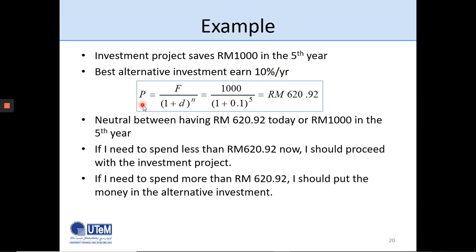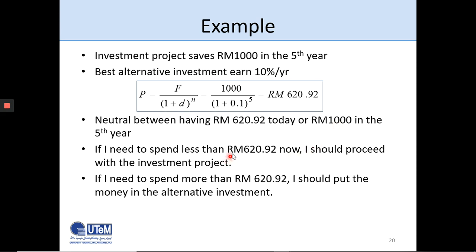So we put in the equation the present value: if the future value is a saving of 1,000, and the next best alternative investment is at 10%, you get, in this case, 620 ringgit 92 cents. This is the present value. So this basically means it's neutral between having 620 ringgit 92 cents today or 1,000 ringgit in the 5th year. This is the balance between having it now or in 5 years' time.